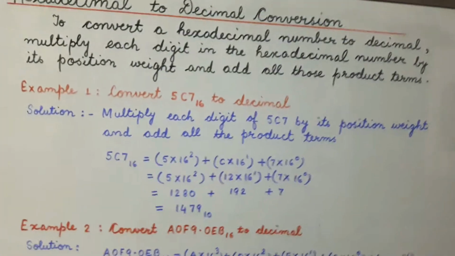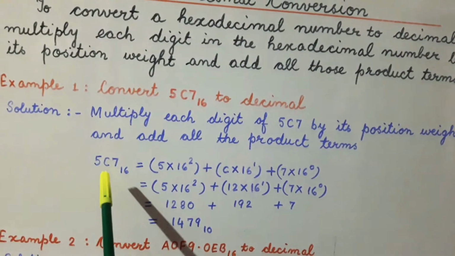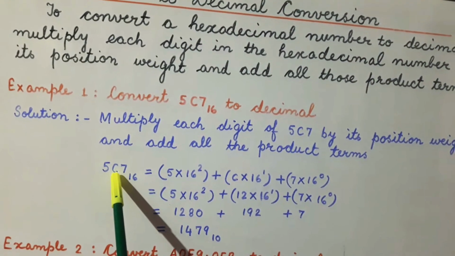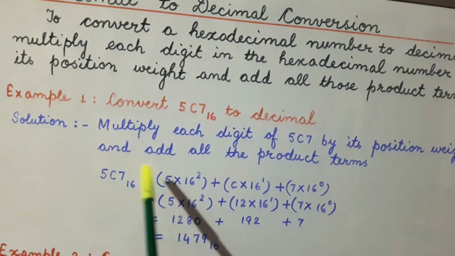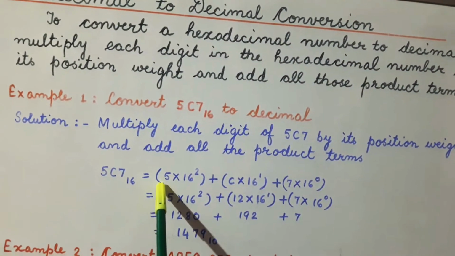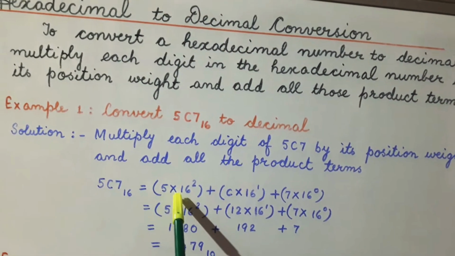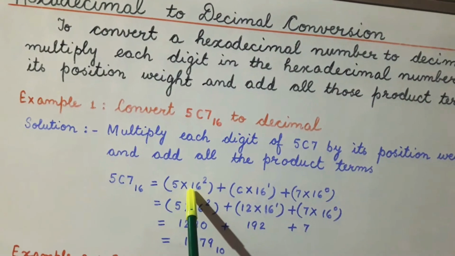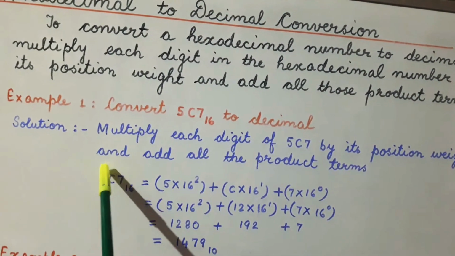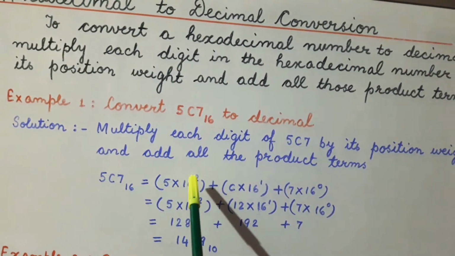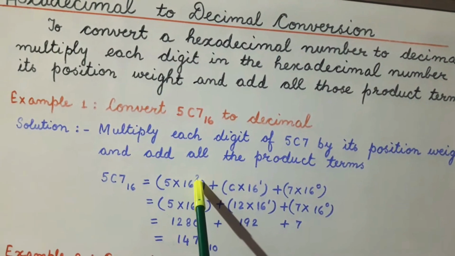So as you see here, we have taken the number 5C7. First we will take the first digit, that is 5. We will multiply it by its position weight, that is into 16. Since there are two digits after 5, the power of 16 will be 2.